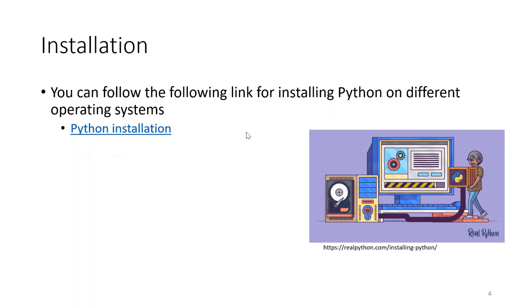I recommend that you follow the slides one by one with me, meaning that you stop the lecture here, go and install Python, and then continue to the next part. Because we are going to talk about different statements and program parts in Python, and if you just listen and look at the lecture, you will not gain much. What is important is that you practice them on your own.